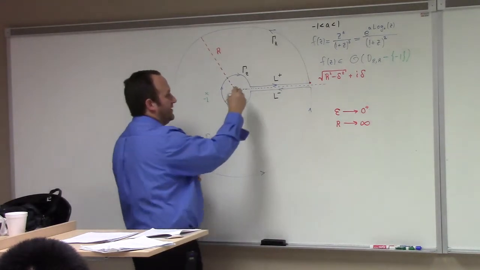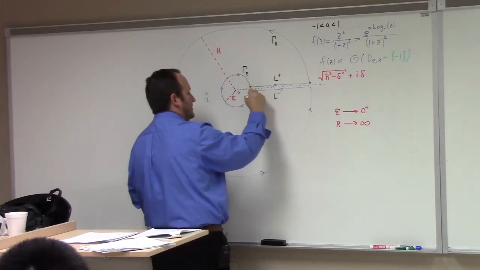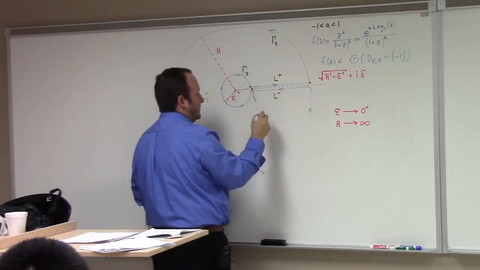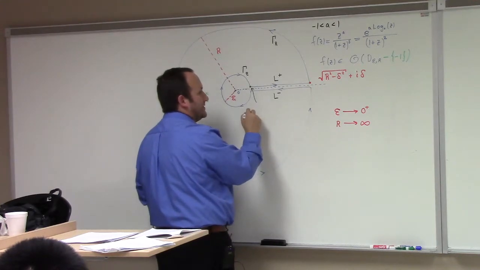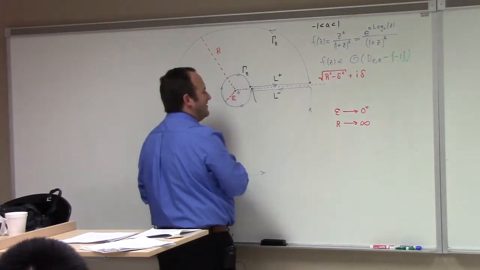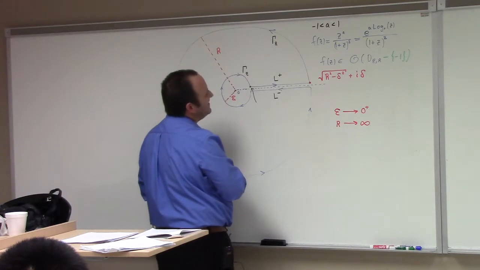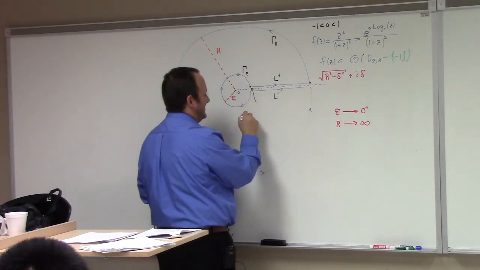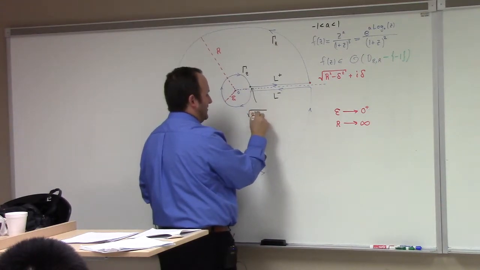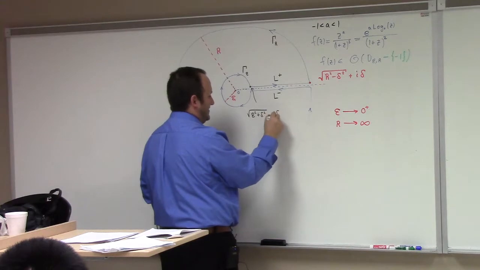So this point right here, if you wanted me to be technical and make a comment which doesn't really add anything, then this would be at, where would that be? Square root of what? Epsilon squared plus delta squared minus I delta.